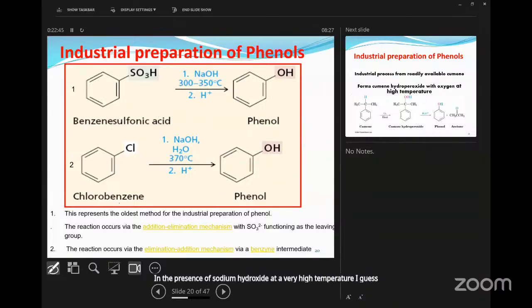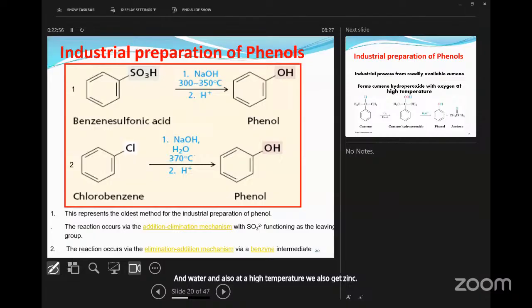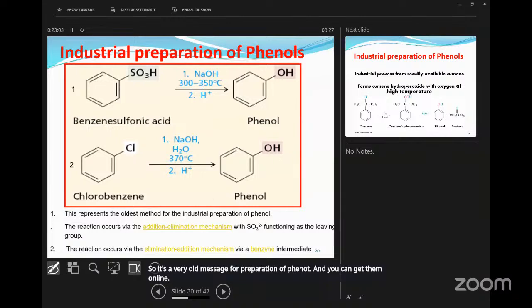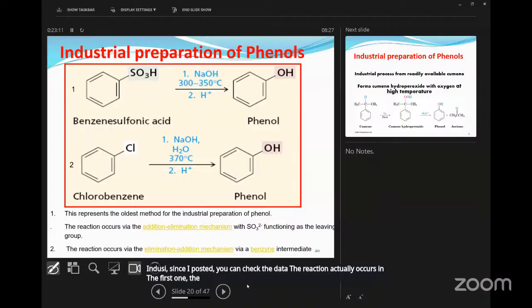You can also prepare them from chlorobenzene in the presence of sodium hydroxide, water, and also at high temperature, you also get phenol. So these are very old methods for preparation of phenol, and you can find them online in those things I posted. You can check them later. In the first one, the reaction is an addition elimination reaction, and the second one is an elimination addition reaction.